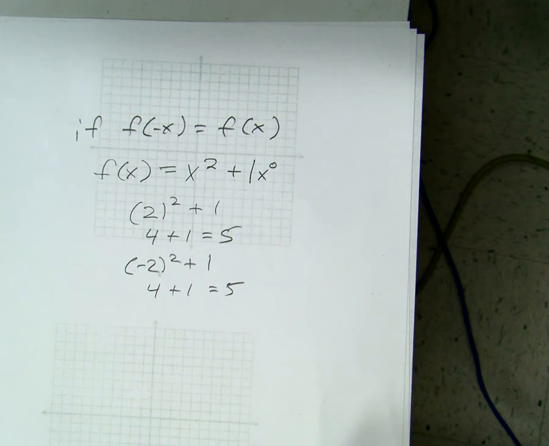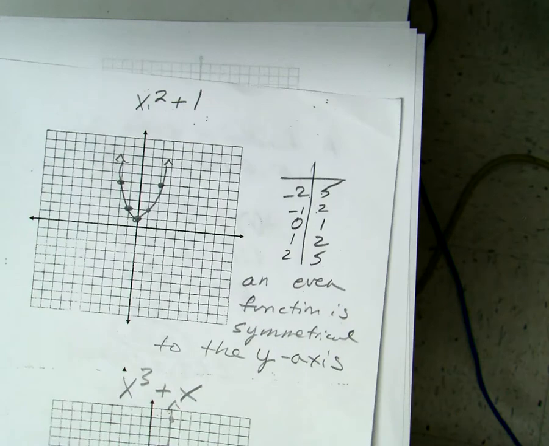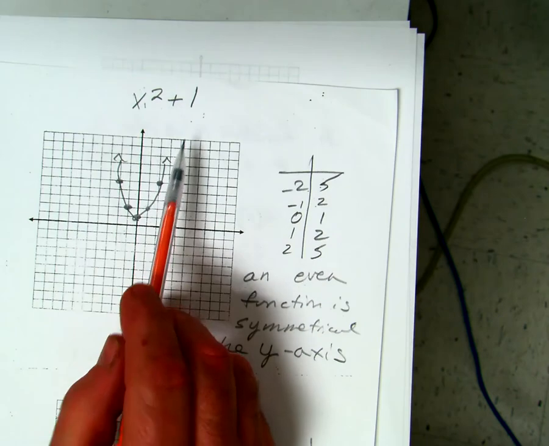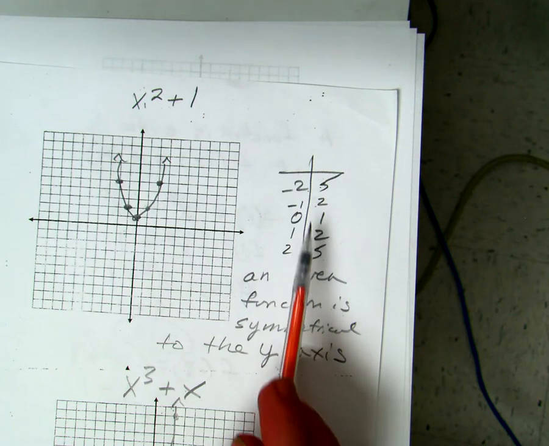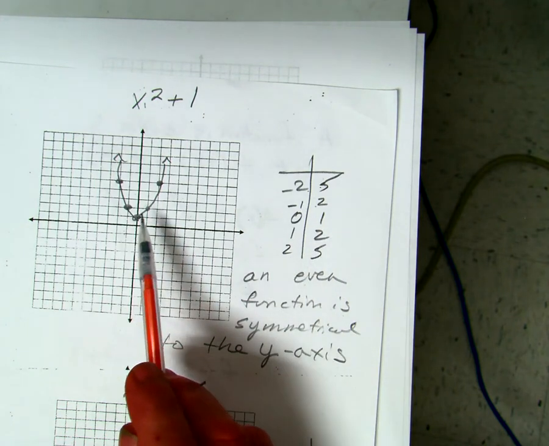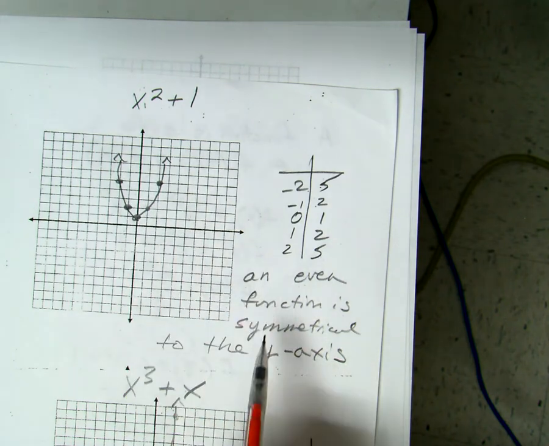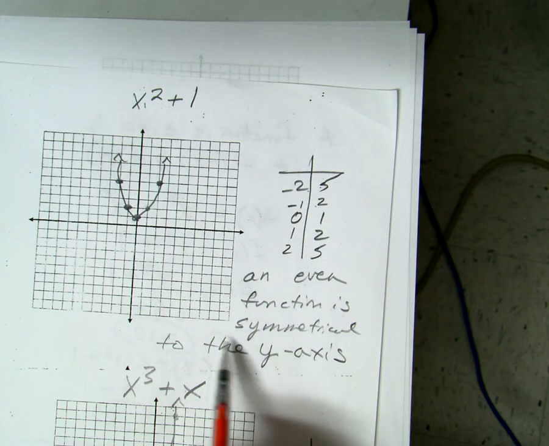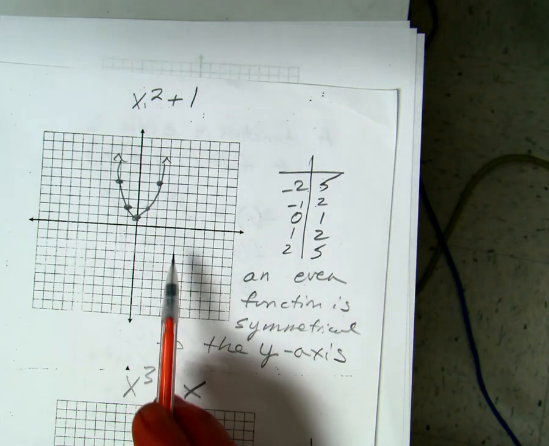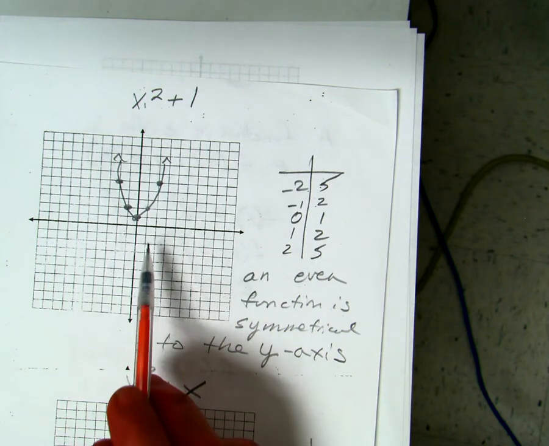Now, what does that look like graphically? Well, I've got x squared plus 1. I made a table here, and it turns out that an even function is symmetrical to the y-axis, and that is the graphical proof of that.